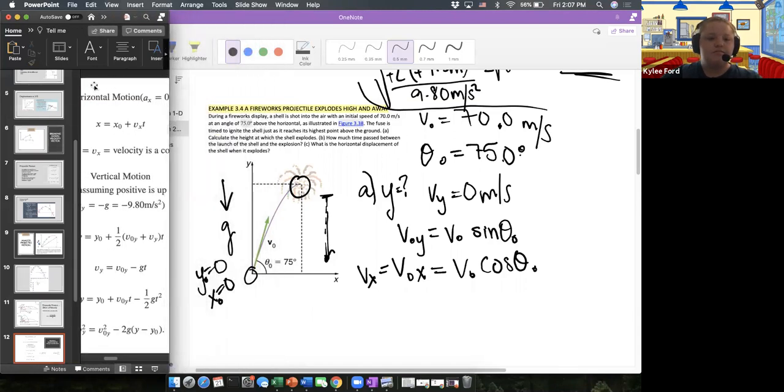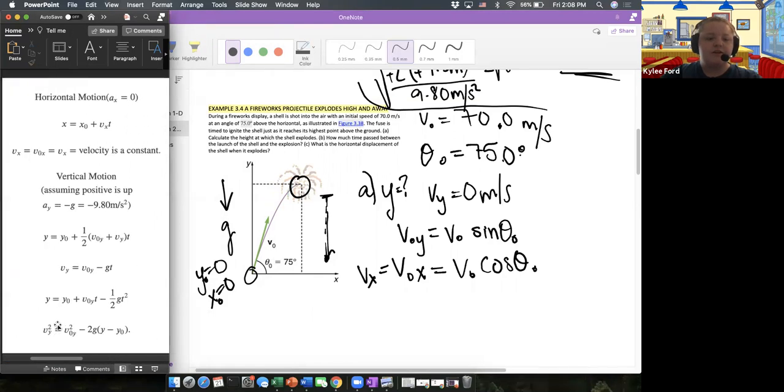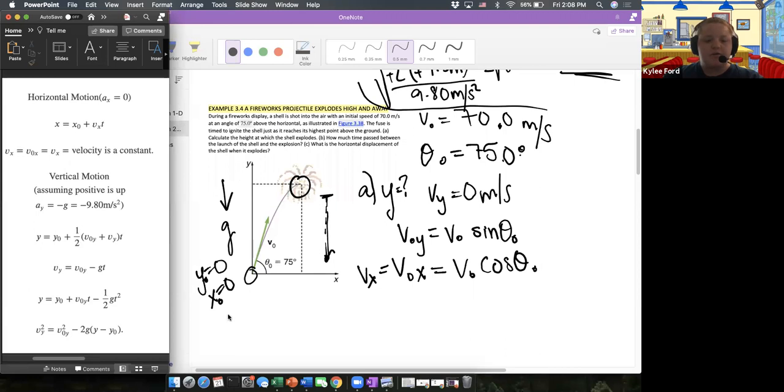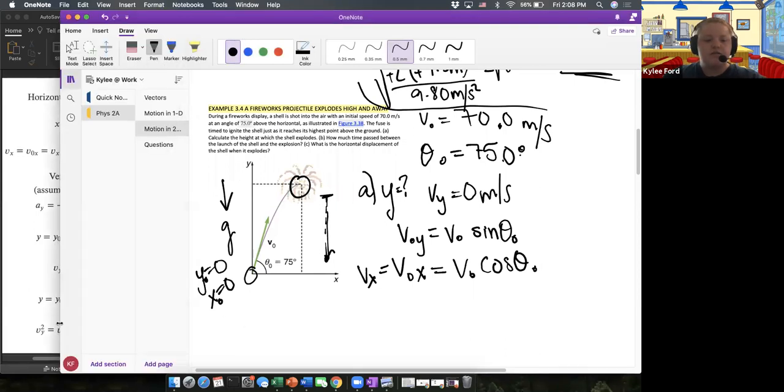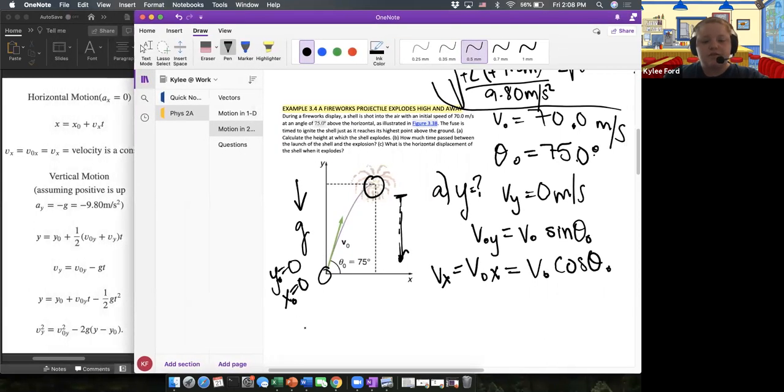So we're going to use this bottom equation. Let me write it out: Vy squared equals v naught y squared minus 2g times (y minus y naught).